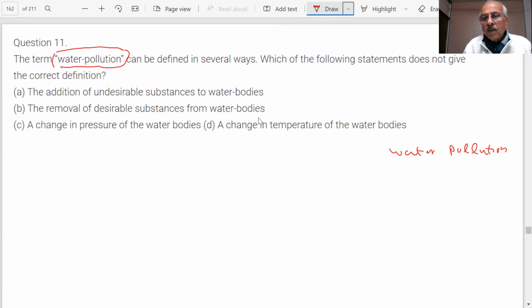Sir, when water gets polluted. And what we have discussed in the lectures which we have given, what are the factors which lead to water pollution? What do we mean by water pollution? How does water pollution take place, student?